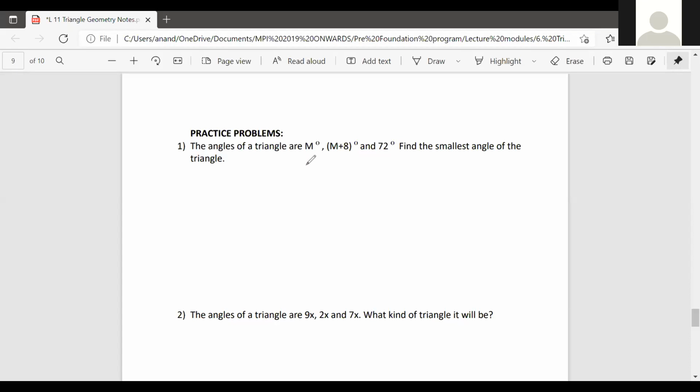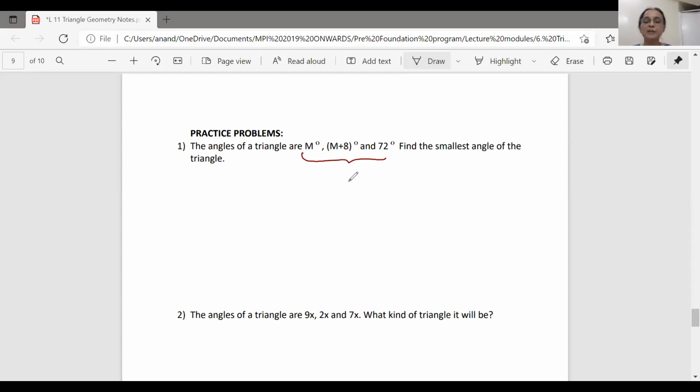Okay. So this I want you to do as trial. Ma'am, can't hear you. Now, yes, now you can hear me. You can see the screen, right? Yes. So now these are the 3 angles of the triangle, and we know that sum of 3 angles is 180.